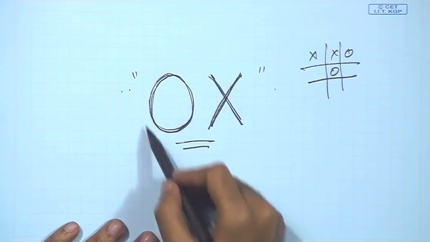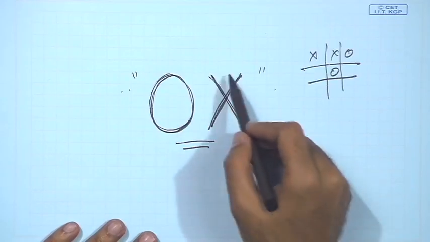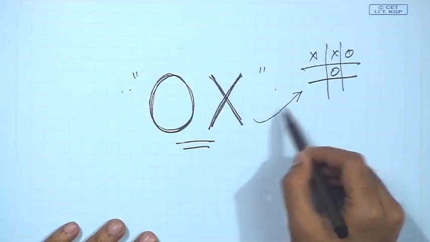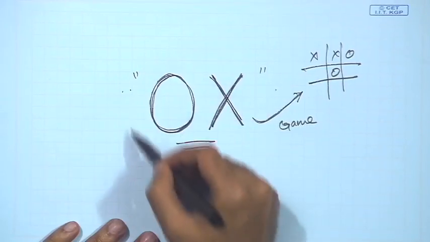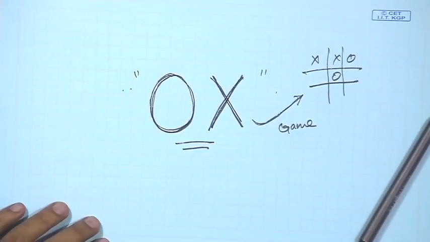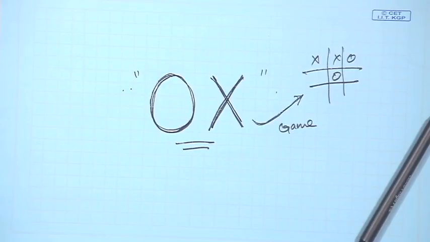Had it not been ox, this particular symbol or sign may have stood for this particular game, but we are talking about the animal over here. So let's take the example of the ox as an animal. Now one thing is very important, we have talked about it some time back.